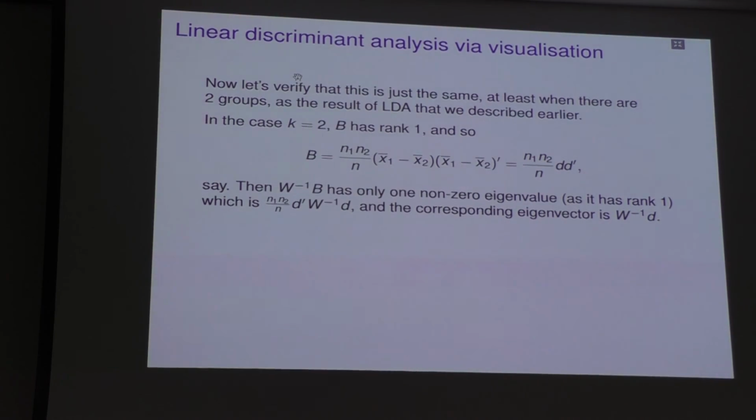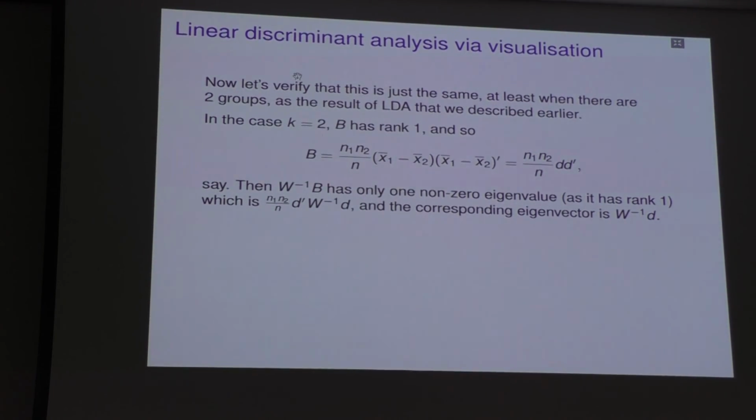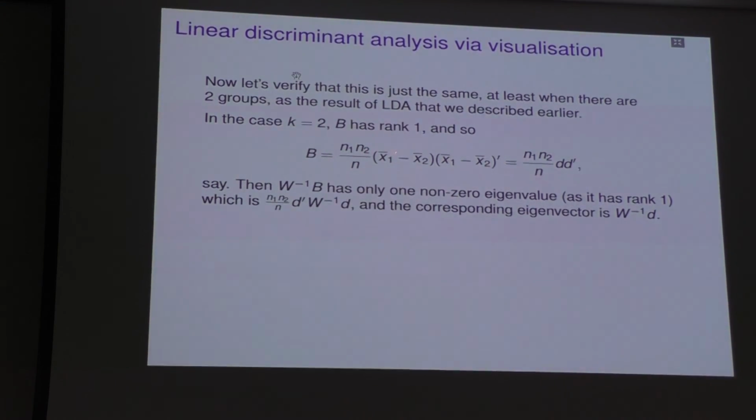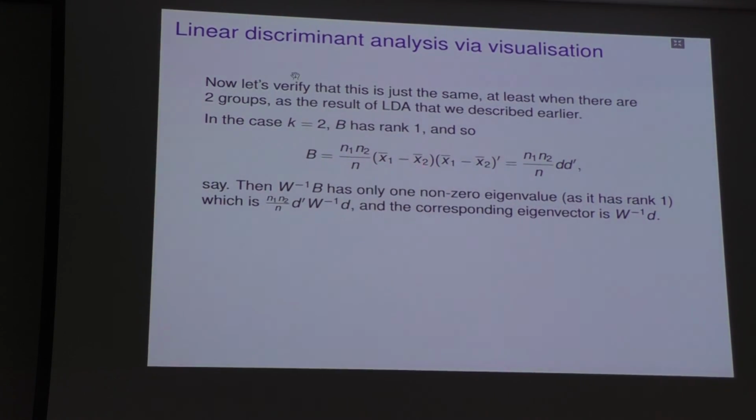You can check this by going back to the definition. It's n1 n2 over n times x bar 1 minus x bar 2, that's the mean of all the variables in group 1 and the mean of all the variables in group 2, times the same thing transpose.